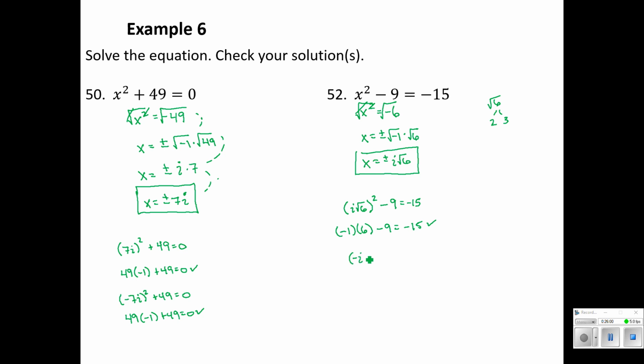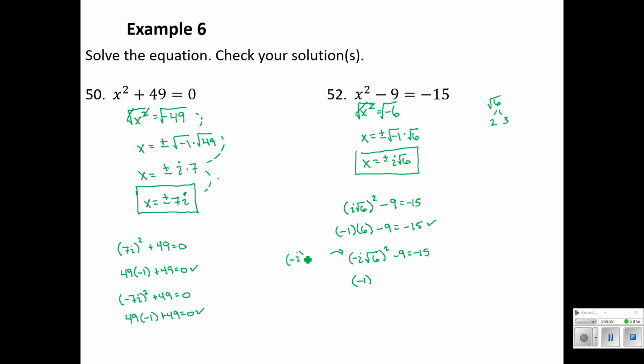What about negative i root 6? If I square the negative i, it's like squaring a negative number. We know that's going to come out positive. So again, that's going to be i squared. Again, that will be negative 1. That's kind of tricky. Negative i is kind of an interesting thing.